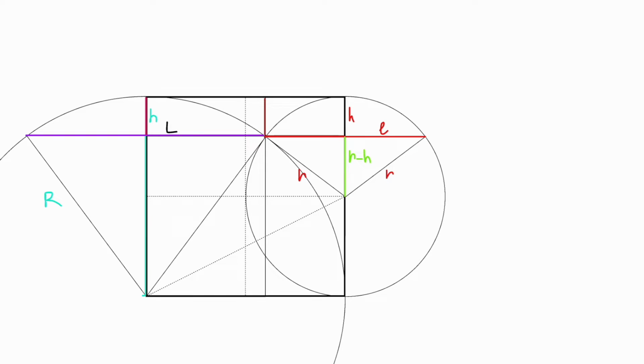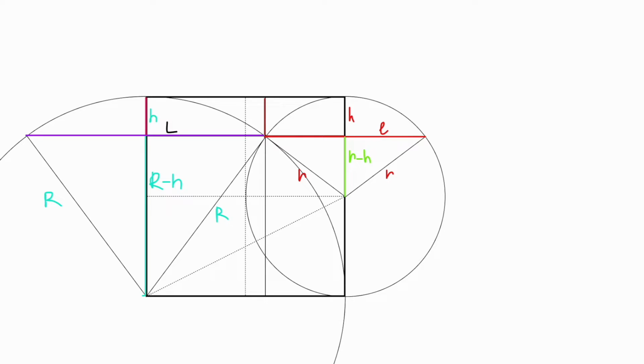Here 3 radii, and accordingly the radius is here. This is a large radius, as we understand, it's equal to the length of the square side. Let's call it A.